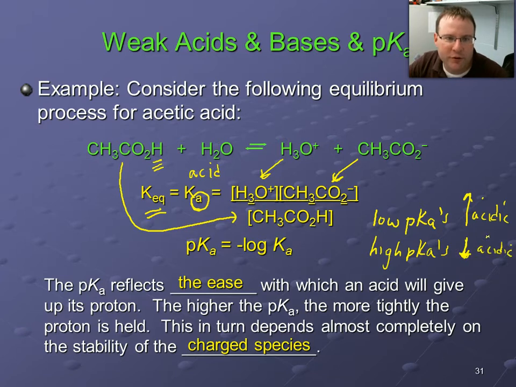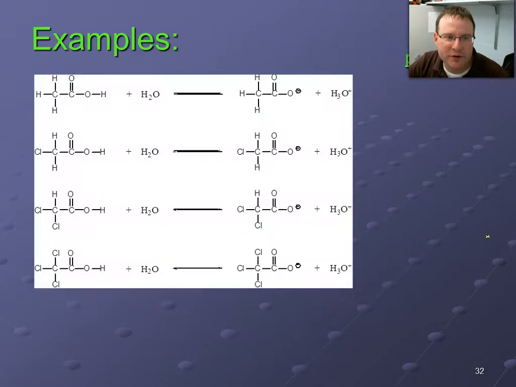And so let's work through a quick example to illustrate the point. We're going to use acetic acid as our parent example. So we just got done showing you that we have an acetic acid to acetate equilibrium process. And if you calculate the pKa, or look up the pKa value of acetic acid in a book, what you'll find is that it comes out numerically to around 4.76, and that may be even a number you memorized.